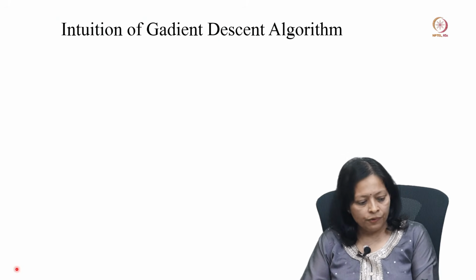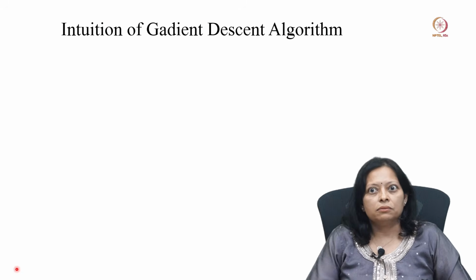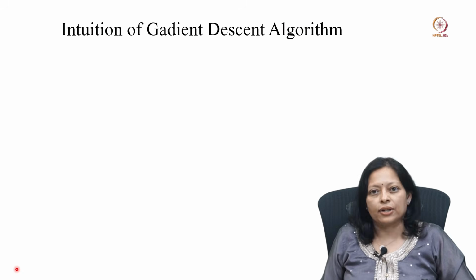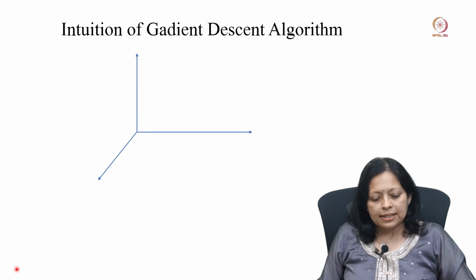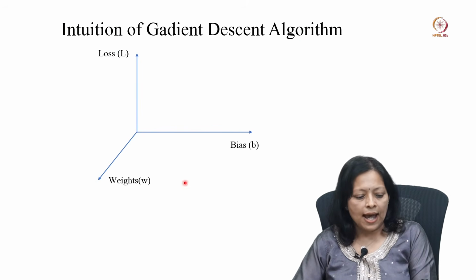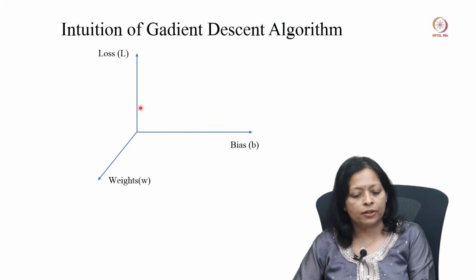Now, we will see a little bit of the intuition of what exactly the gradient descent algorithm is trying to do. Suppose we have this xyz coordinate and we have weights in one coordinate, bias in another coordinate, and the z axis is your loss function. Okay.